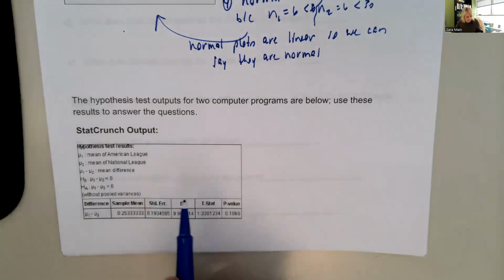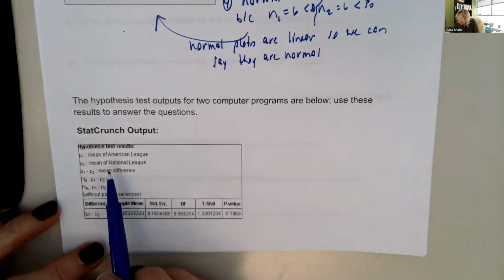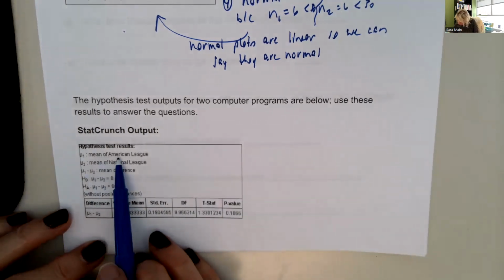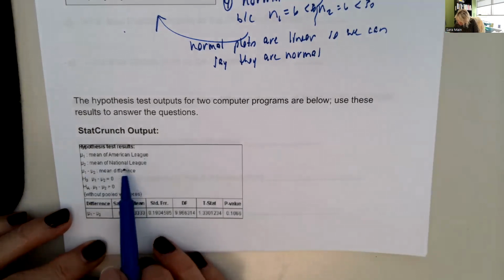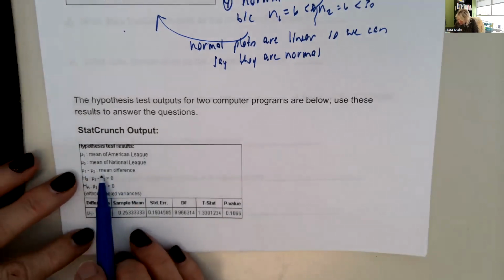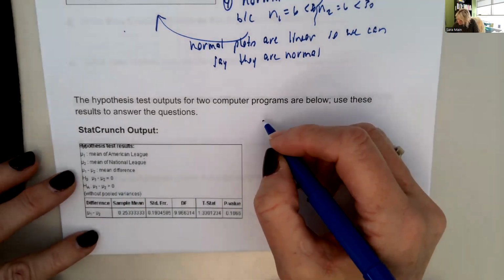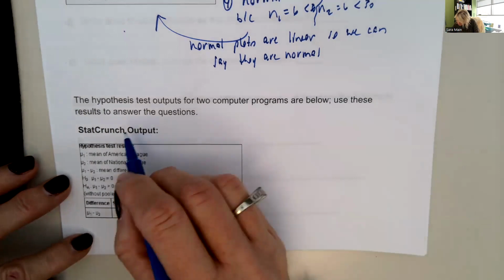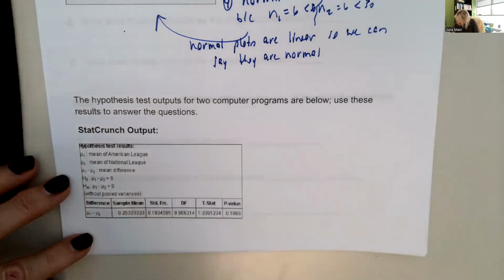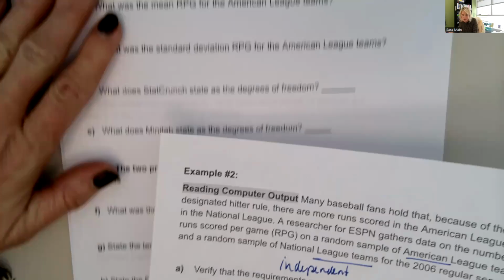And so we have the mean of the American League and the mean of the National League, and then we're testing for a difference. I'm going to show you two different outputs.